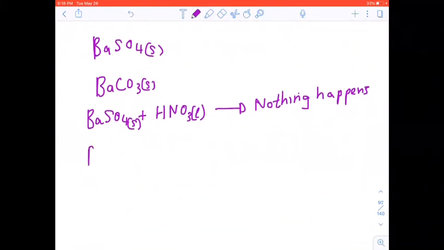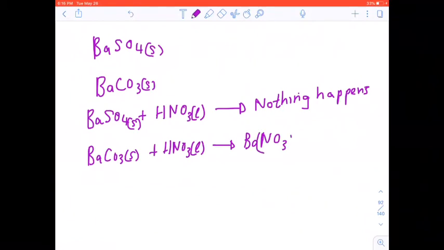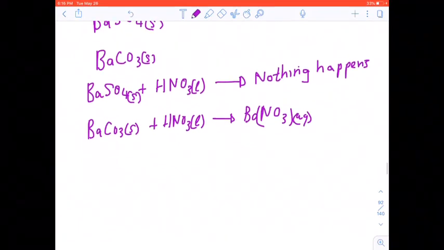But when we take barium carbonate, and it's a solid, and I add HNO3 to it, what I find is that we then get barium nitrate, which is in aqueous solution. Okay, you can see there's still changing partners there, but then whenever a carbonate reacts with an acid, we know that we get carbon dioxide.